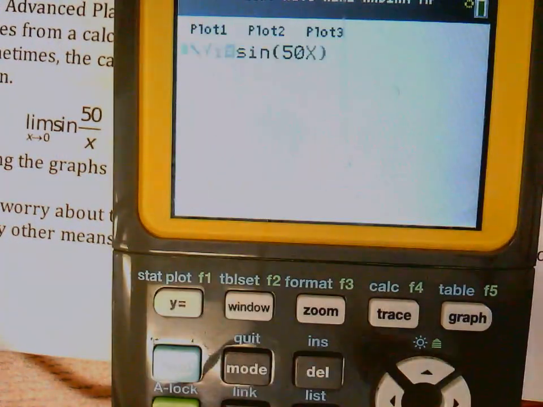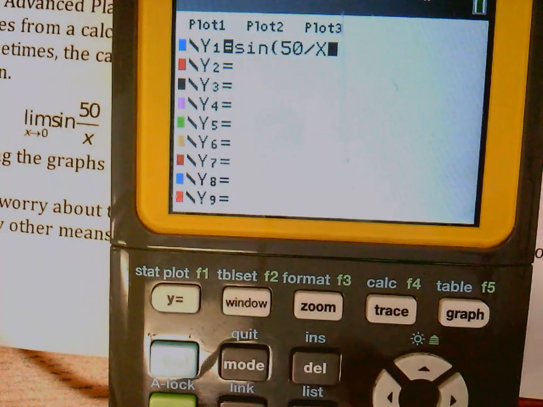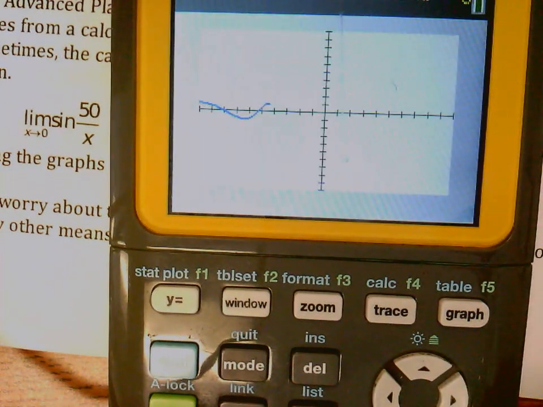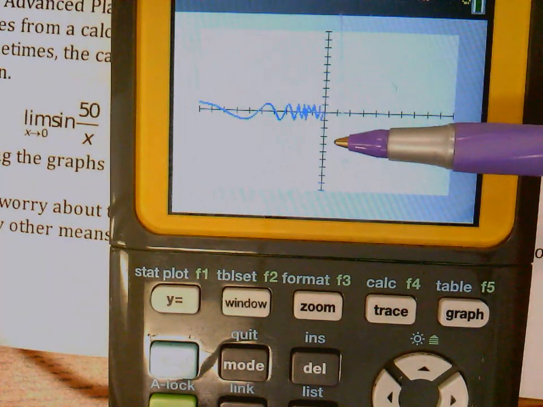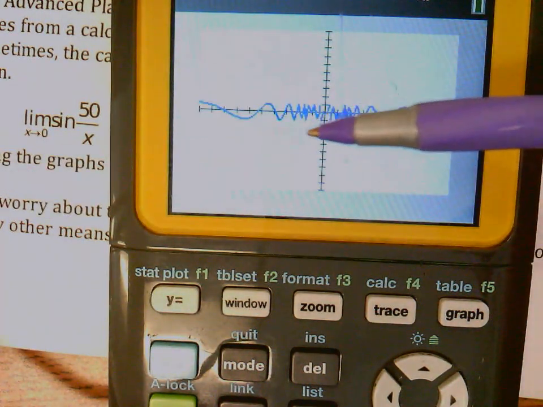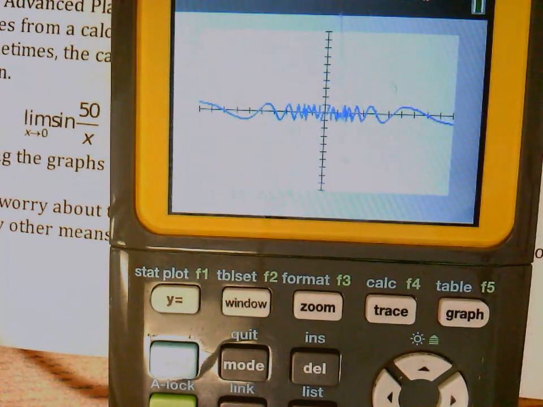I don't spend a lot of time analyzing these trig functions, so let me see what this one looks like. Sine of 50 divided by x. This is the one that as it gets closer to 0, it does some crazy stuff, and you can't divide by 0. So it's hard to say what this graph is actually approaching.